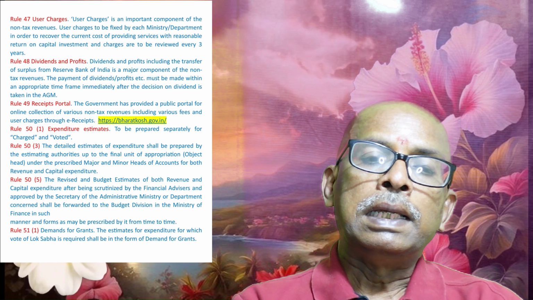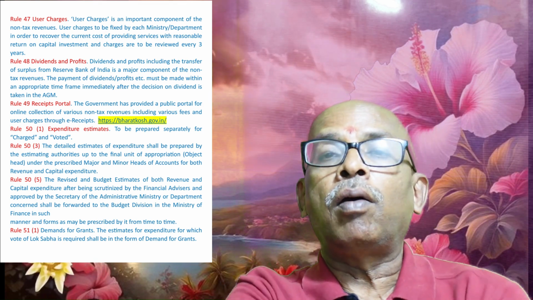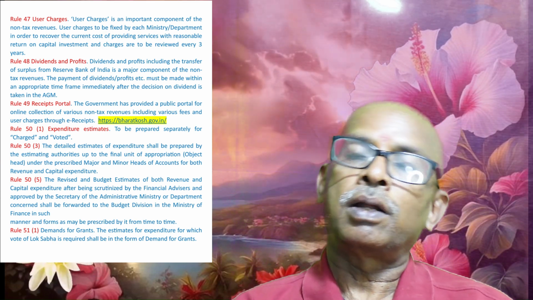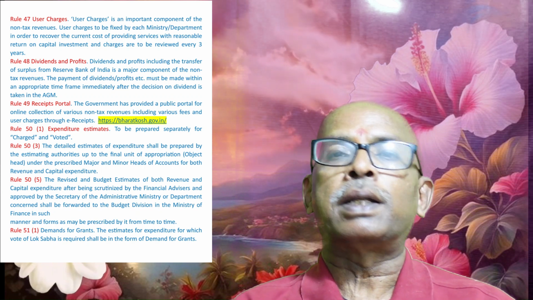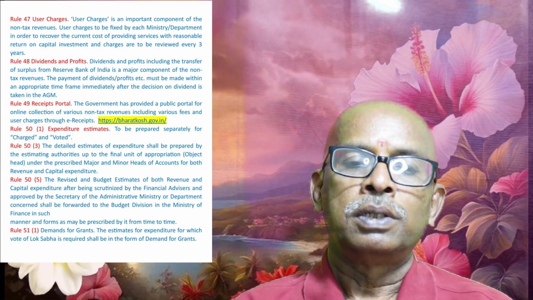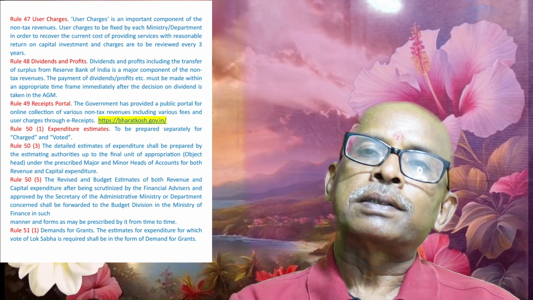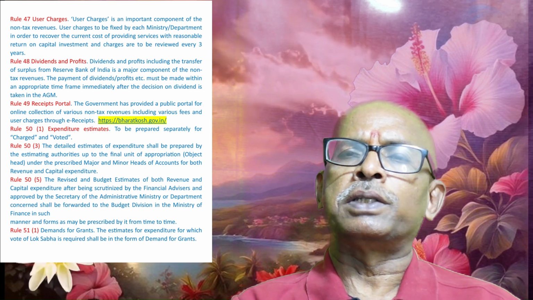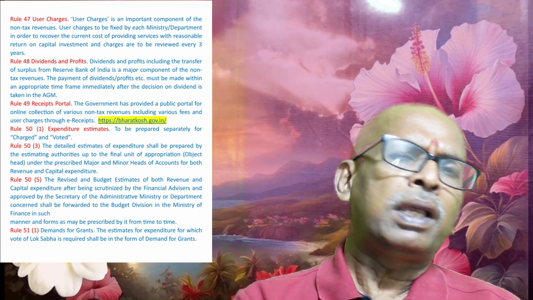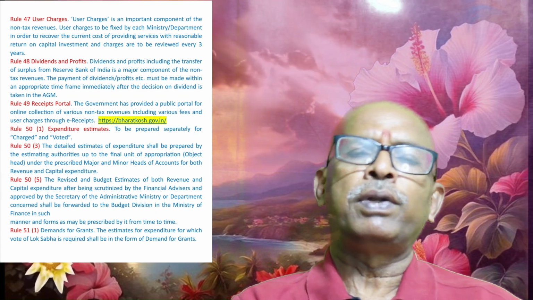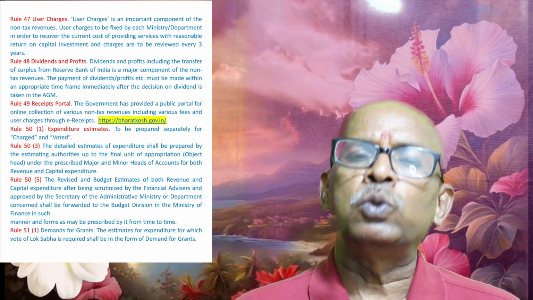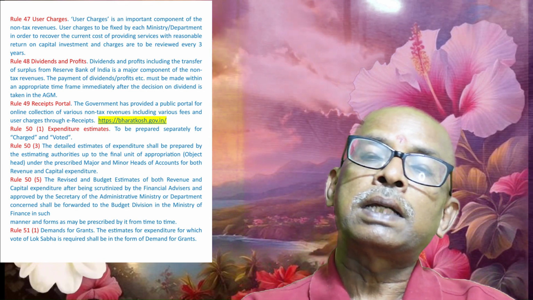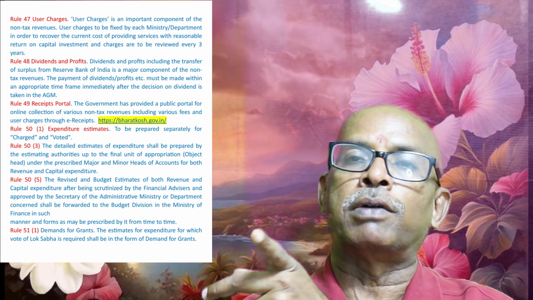Receipts portal. Earlier all the receipts were collected through banks, through cheques and other things, and you had to remit and reconcile. Now they have put up Bharat Kosh. That provides a platform for making any payment to government, such as user charges. If you are paying directly to government, you can use Bharat Kosh. If it is paid through some agency and the agency collects on their license, that is something different.